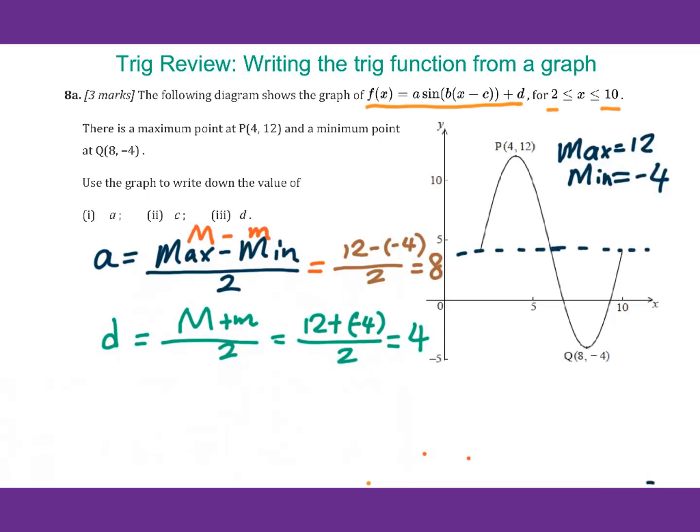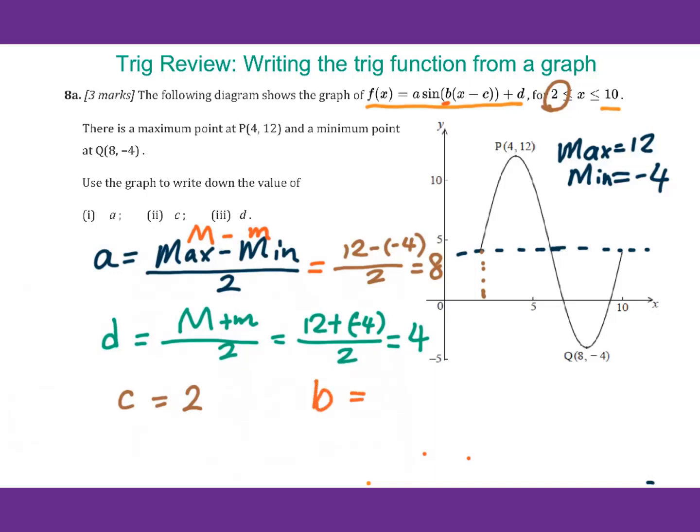This is one period of a sine function. C, we call this a starting point. Starting from where? Look at this x. They said from 2. Therefore, c equals 2. Let's check this b.